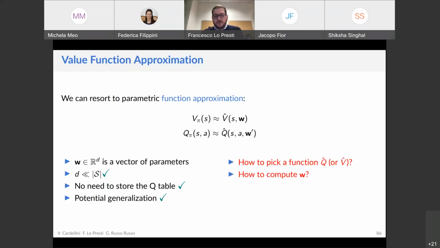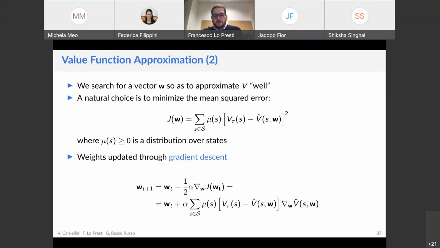There are some questions we have to answer before being able to apply this technique. The first one is how to pick a function Q hat or V hat for approximating the value function. And the second one is how to compute the parameters W to approximate the true value function.